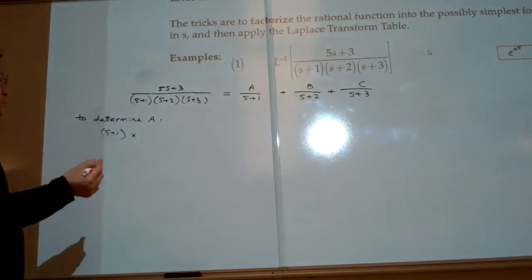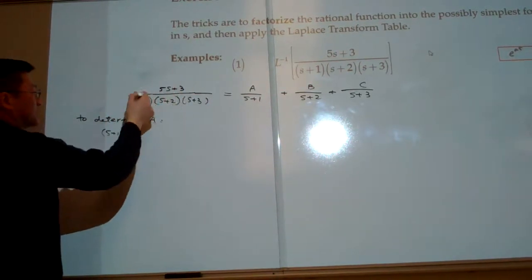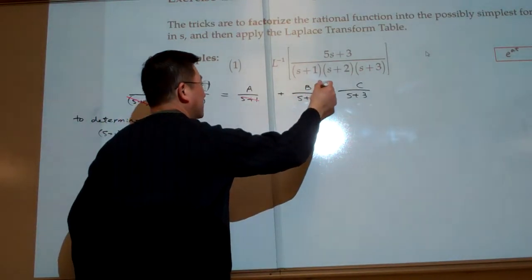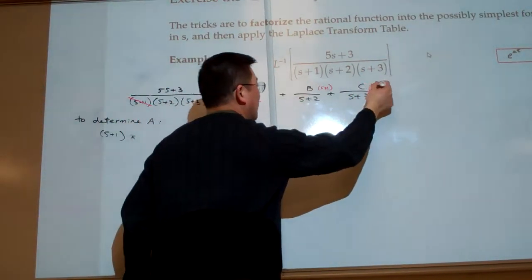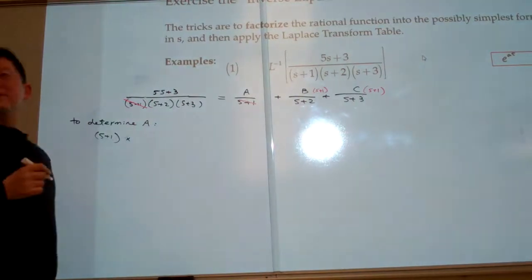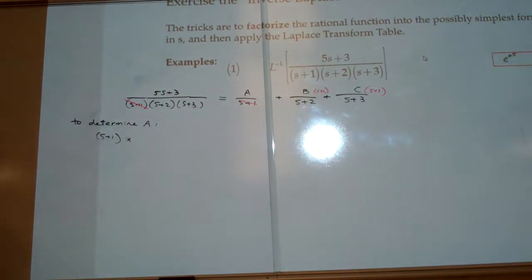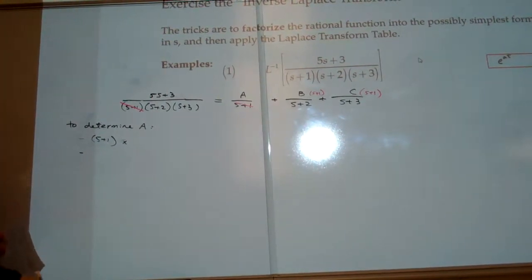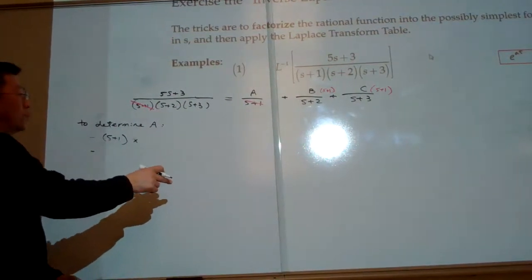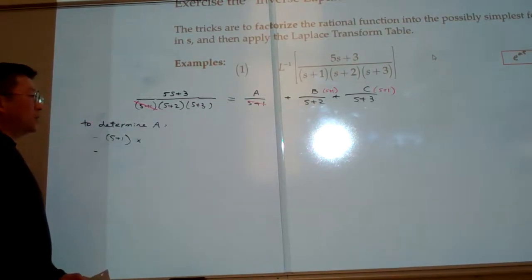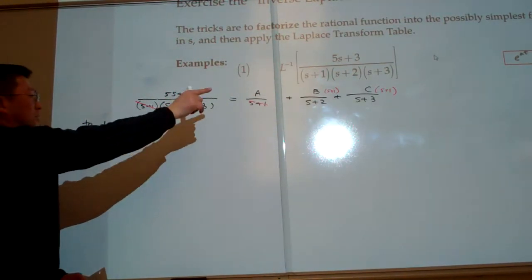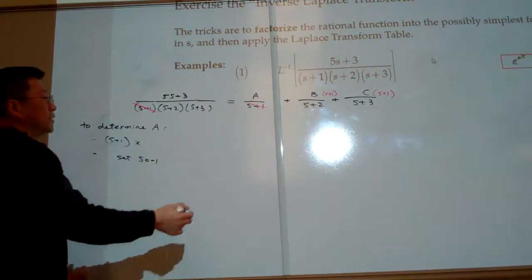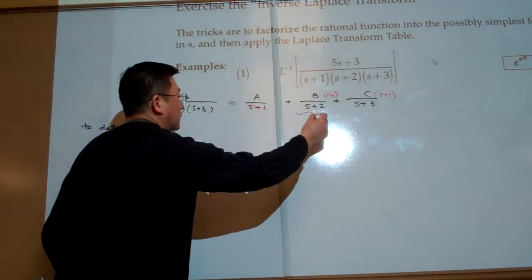If I multiply by s plus 1 on both sides, this one will be gone, this one will be gone, and this one is multiplied by s plus 1. Let me write it up here. Then the second step: we only want to determine A. In this equation, if we set s equal to minus 1, then this term is gone.